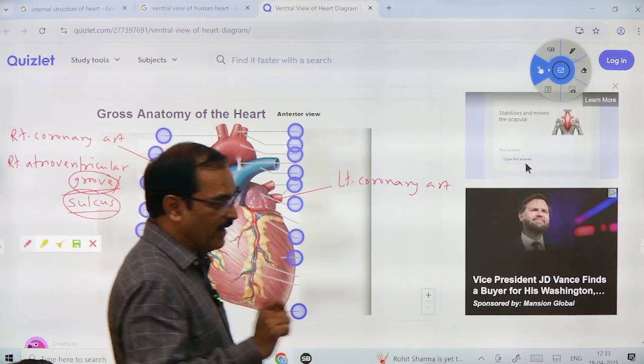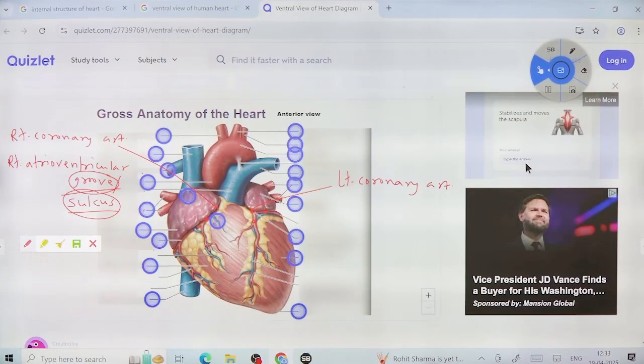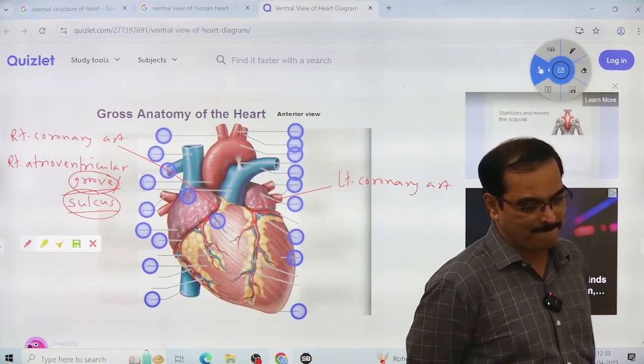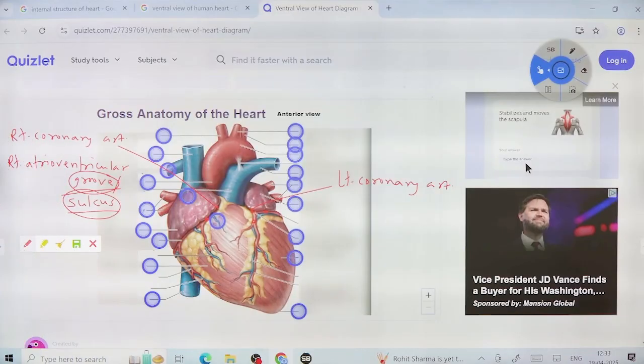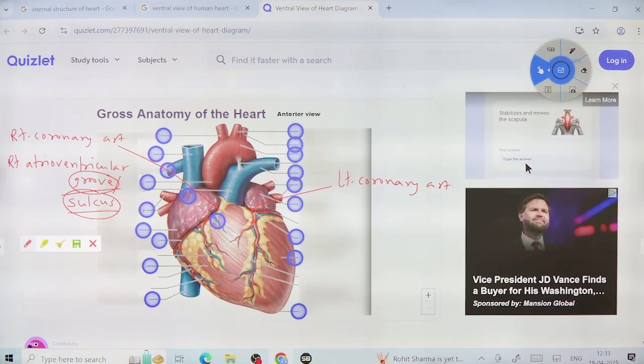Next line. Right and left coronary arteries arise from the ascending aorta. Actually, from the base of this one.